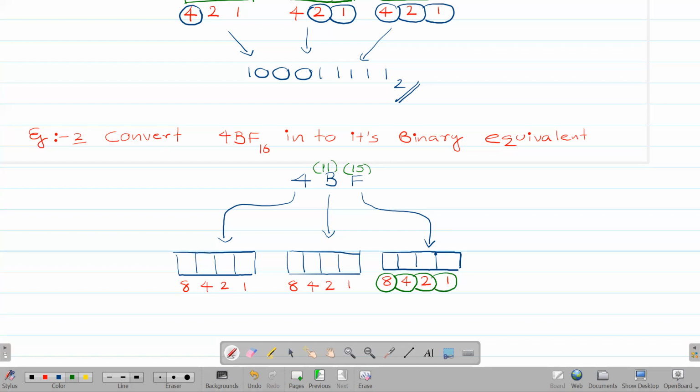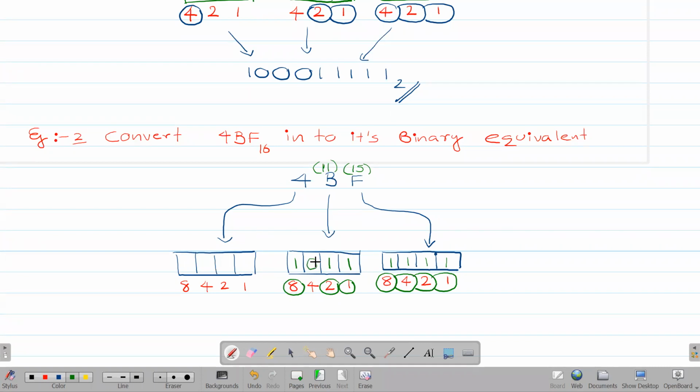Those four all together will make 15. And to find 11, we need 8, a 2, and a 1. So nothing for 4. There will be a 1 over here, 1 over here, and 1 over here, which will create 11.